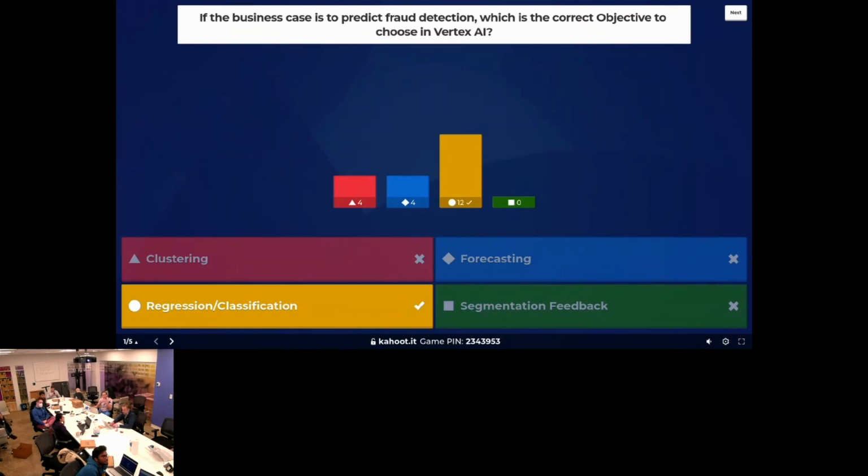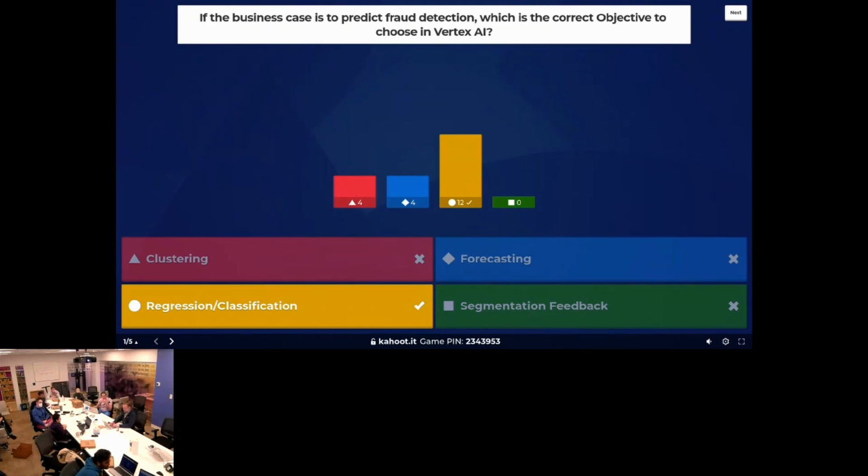Forecasting is based on the previous information, but it's when you want to decide about the future of the same nature. So it doesn't fit into this category of binary yes or no. And segmentation usually comes when you are dealing with image data. So that's not the answer.